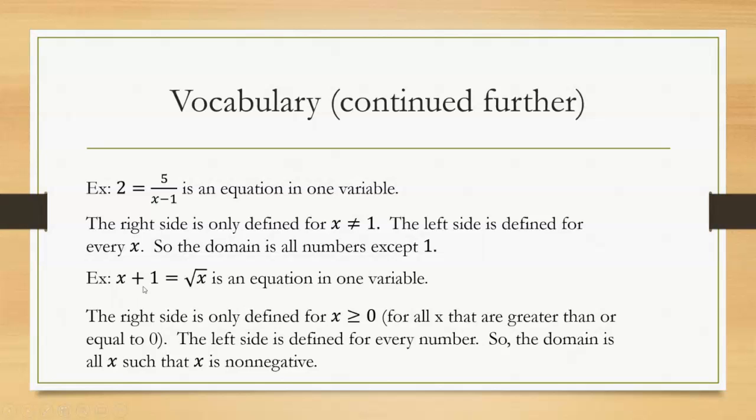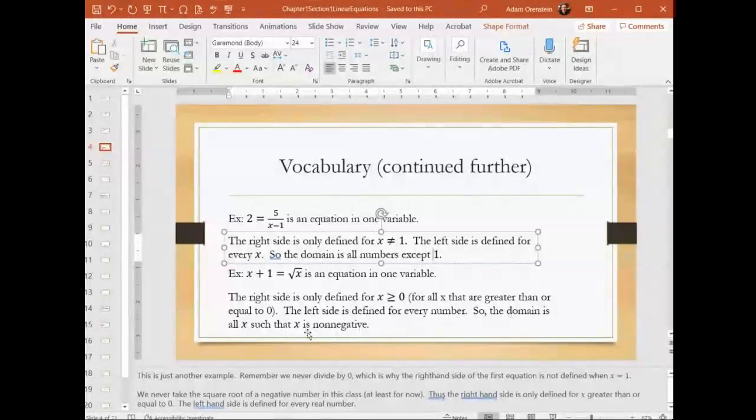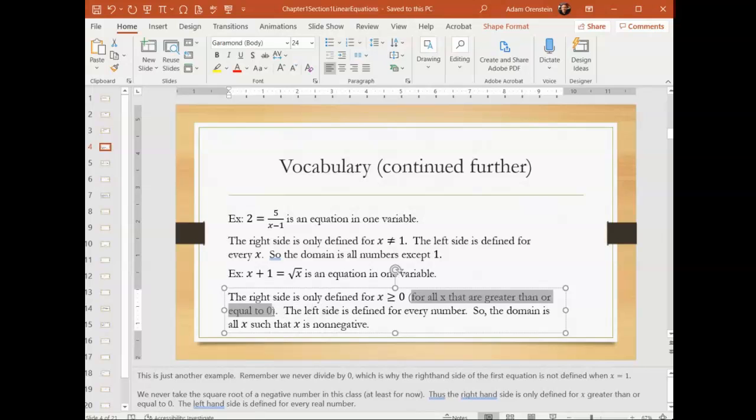Okay, the left-hand side is defined everywhere, for every number. The right-hand side is defined only for numbers that are greater than or equal to 0. So the domain has to be all numbers that are greater than or equal to 0. Let me just write that, because I wrote it with the x here, but let me just fix it just like I did with the previous one.